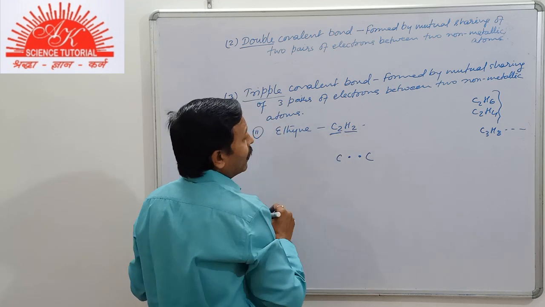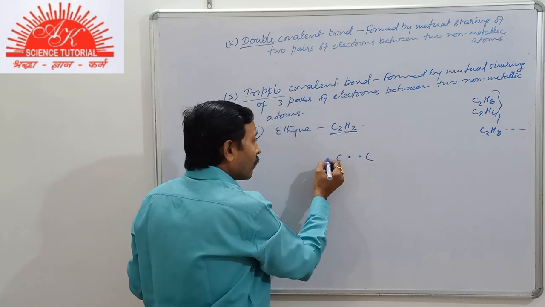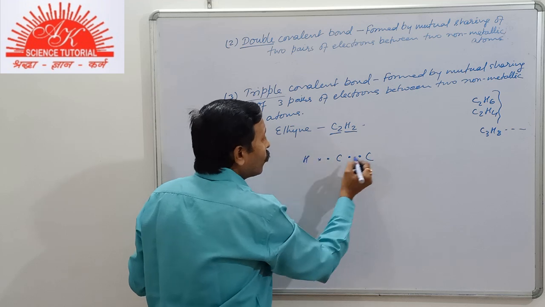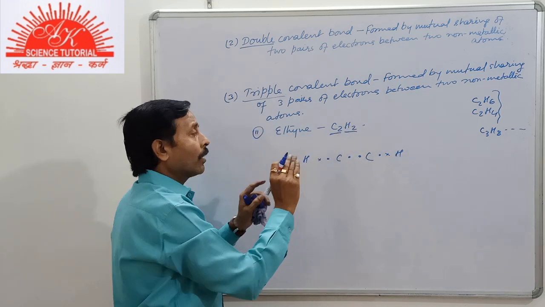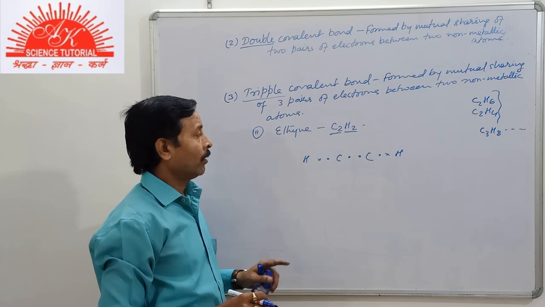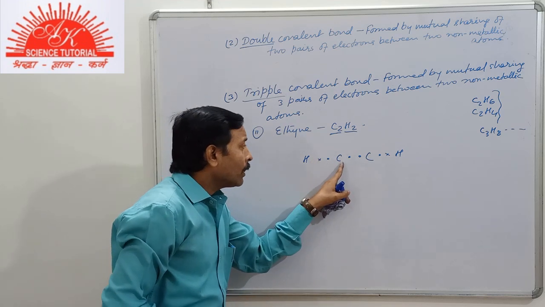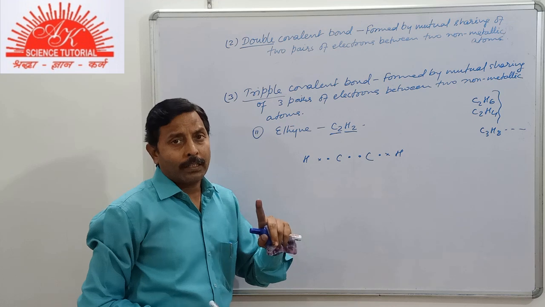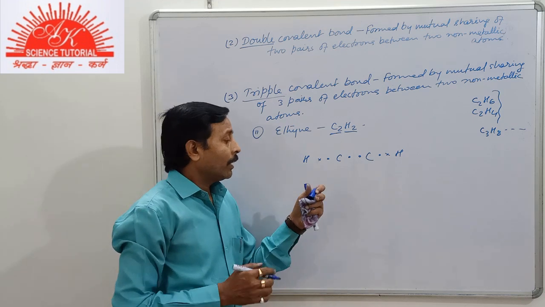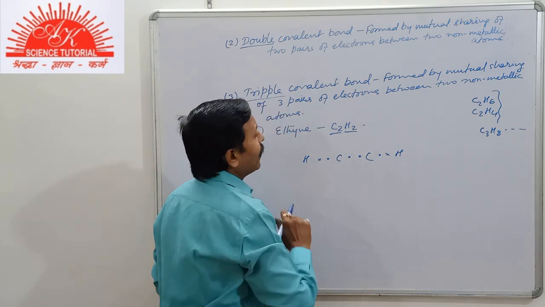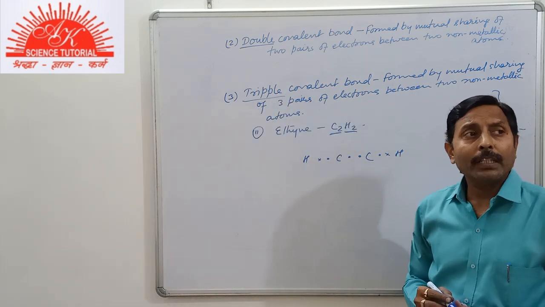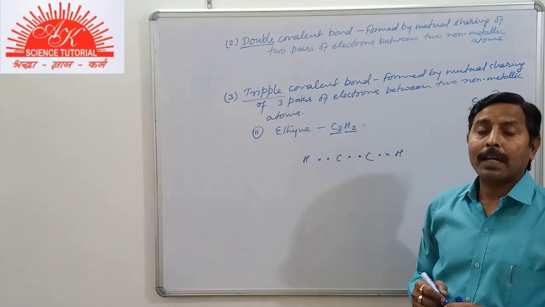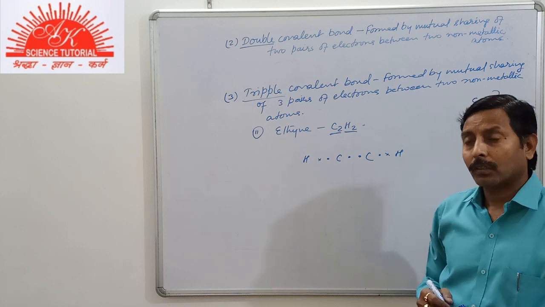Like here, 2 hydrogen are there. Share 1 hydrogen with each carbon atom. Now the hydrogen atom is not left. But the carbon is still unstable because it has used only 2 valence electrons. 2 valence electrons of each carbon atom are left, not used up.